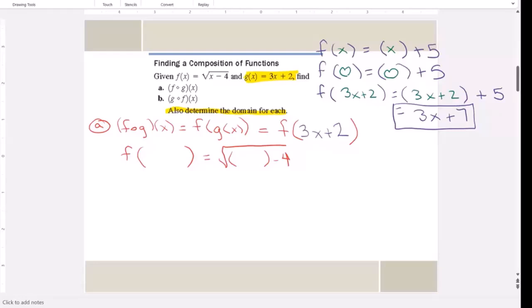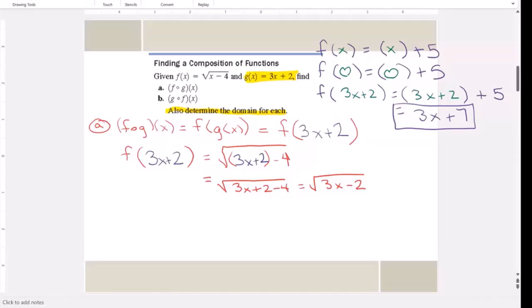What goes in my parentheses? 3x plus 2. Same here, 3x plus 2. So this is equal to the square root of 3x plus 2 minus 4, which is equal to the square root of 3x minus 2. So this is my composition, okay?